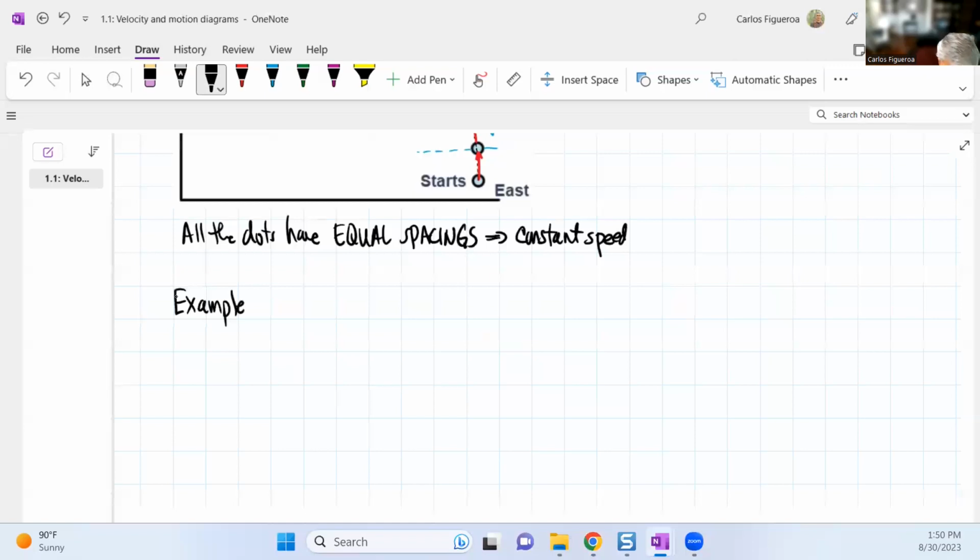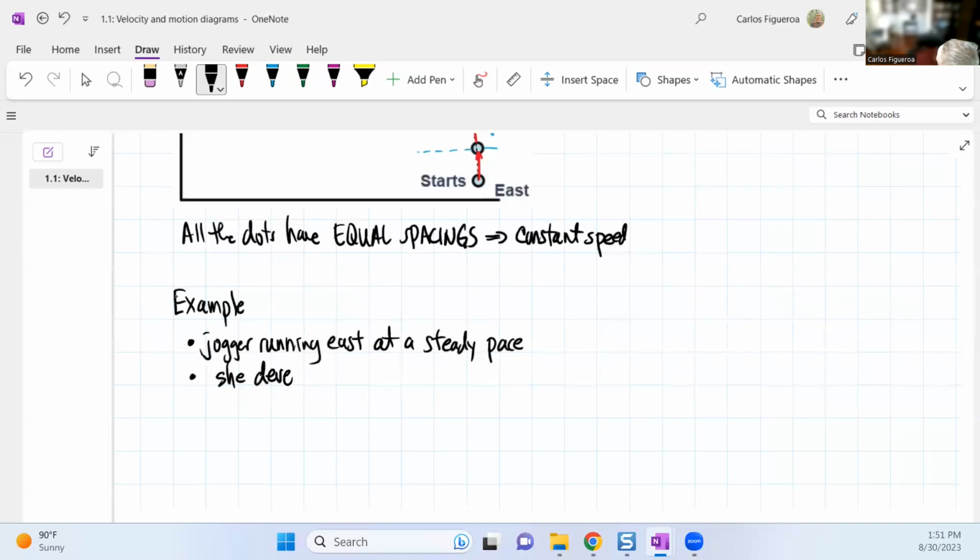for this jogger. So the first thing that you want to pay attention to is that you have a jogger running east at a steady pace. Now what's going to happen here is that she develops a cramp and stops at a bus stop.